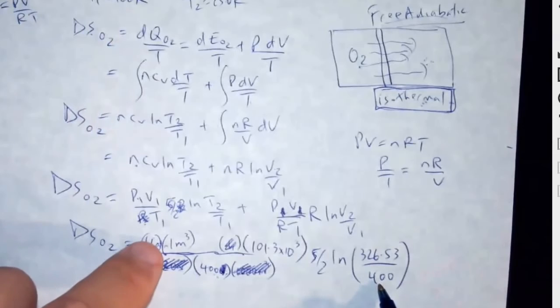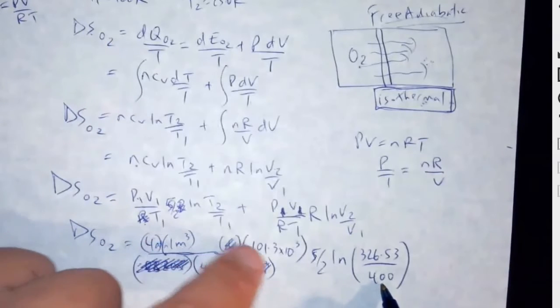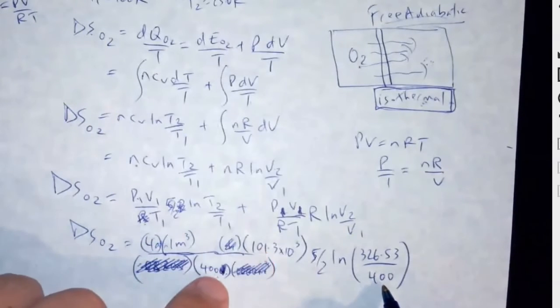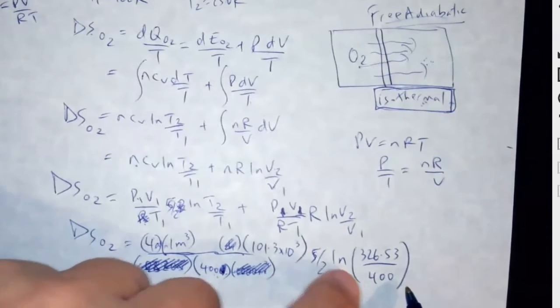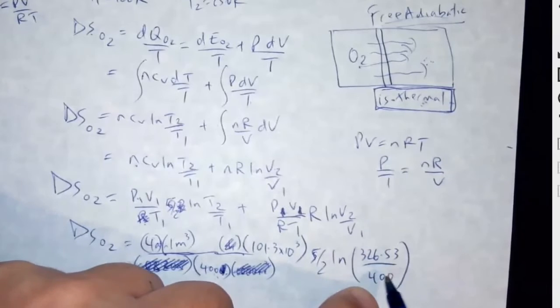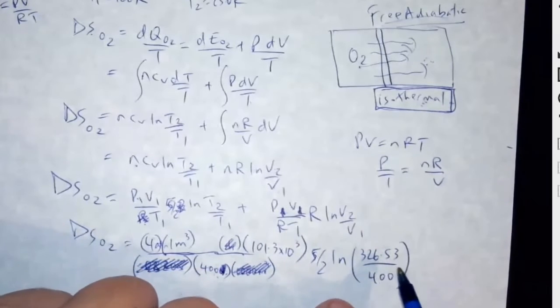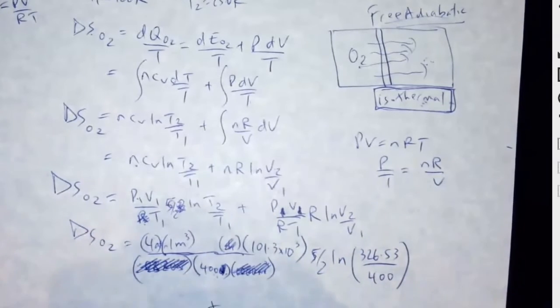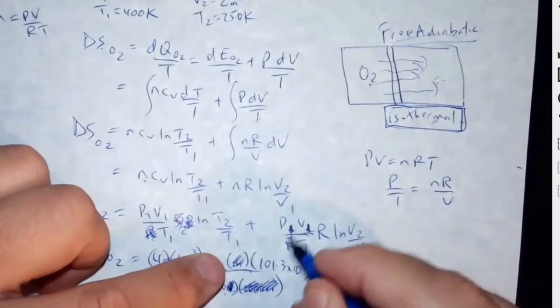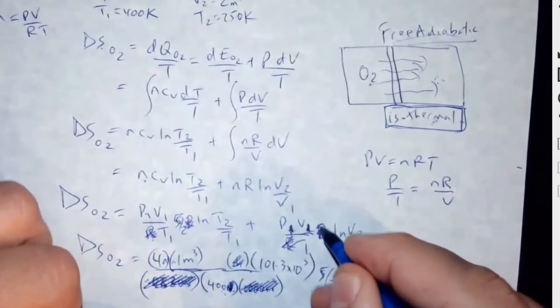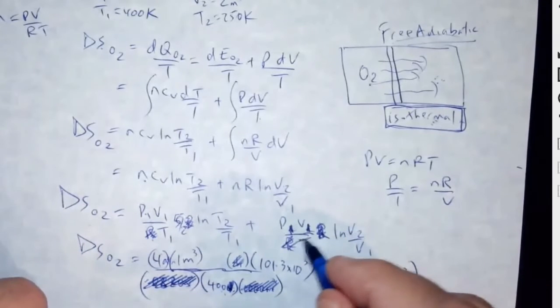So this is 4 times pascals divided by the temperature times 5 halves times ln of this. But this is going to come out negative because the temperature is decreasing, right? But then the next part, P1 V1, the R will cancel again, and then over T1.